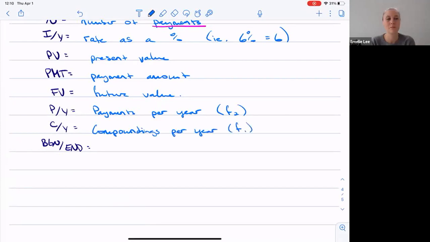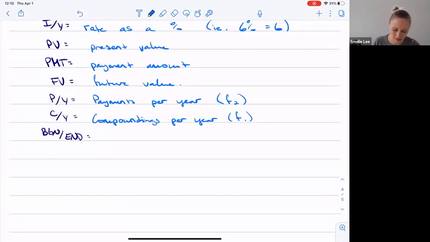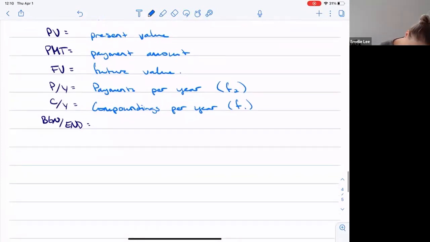Now, the beginning or end is if the payments are made at the beginning or the end of the period.